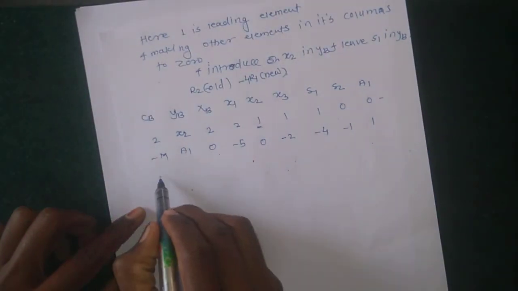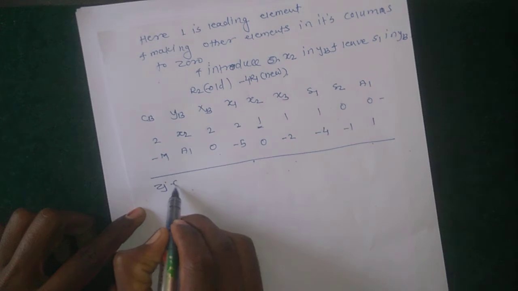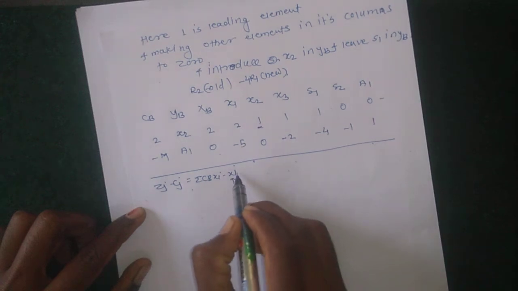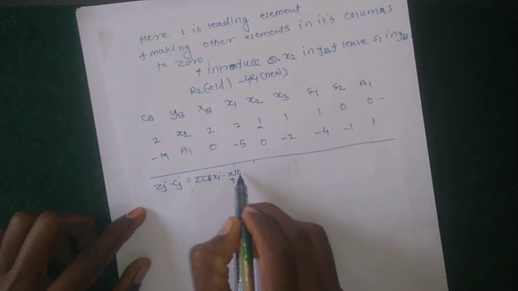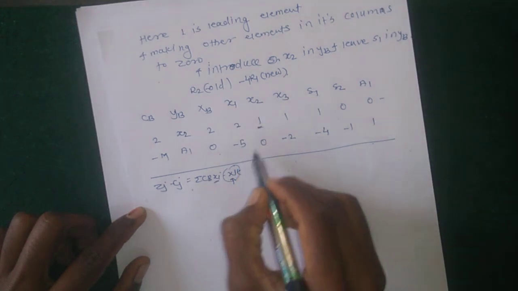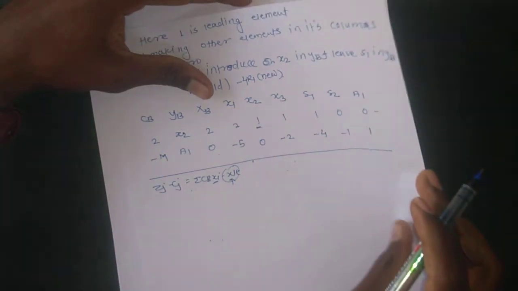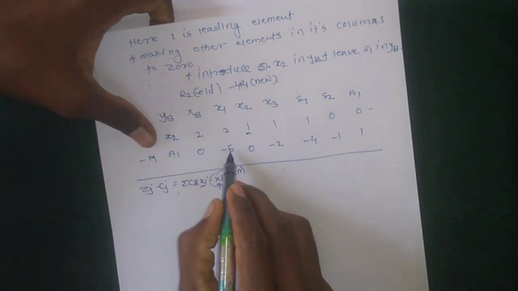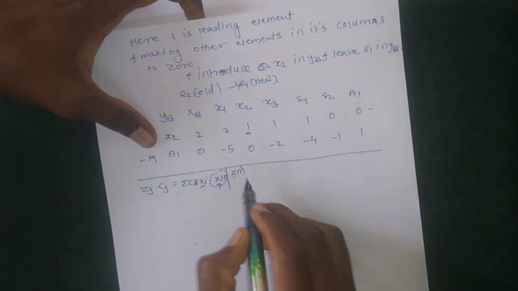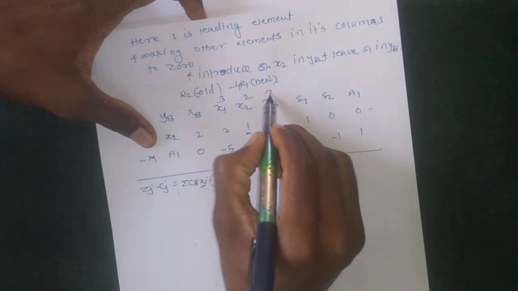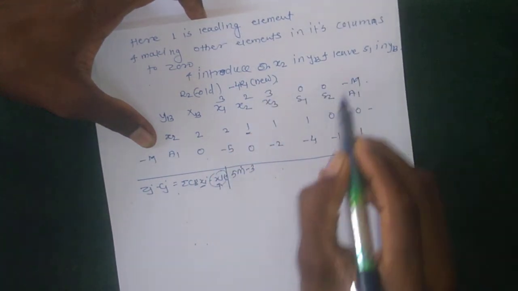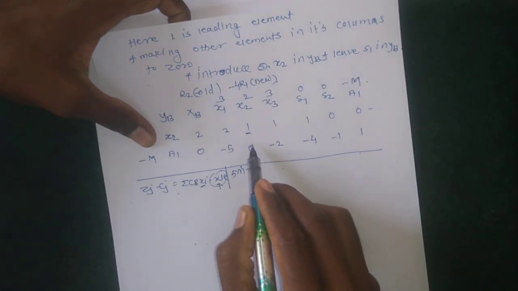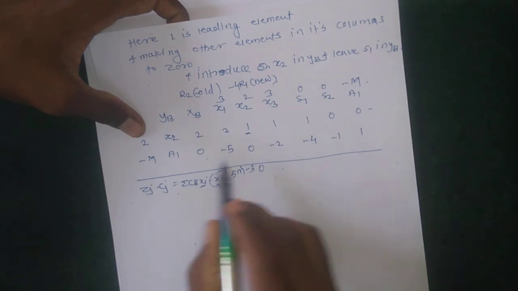And now we have to find Zj minus Cj again, using the summation of CB times xi minus Cj, where CB is the coefficient in the objective function and xi is the coefficient in the constraints. So the values are 5M minus 3, therefore 3, 2, 3, 0, 0, minus M, 5M minus 3. For the second, 2 minus 2 is 0.